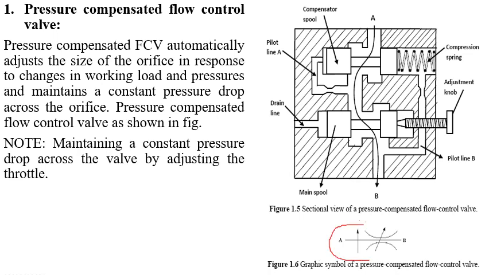This is the graphical symbol of the pressure compensated flow control valve. This arrow mark indicates the pressure variations, and this is the flow control valve symbol. The arrow mark indicates there is an adjustable flow control valve. So it is a pressure compensated flow control valve.